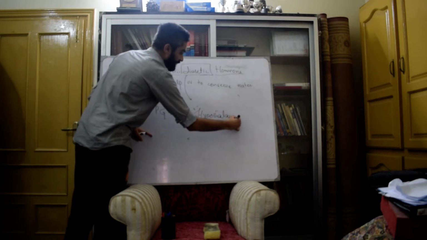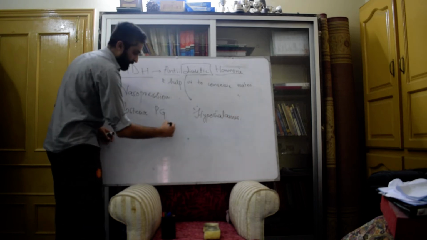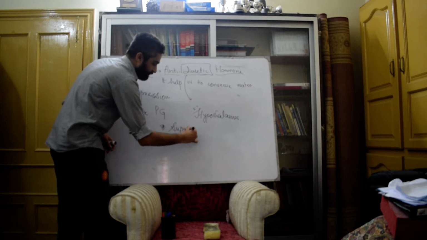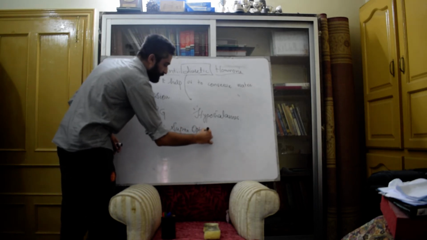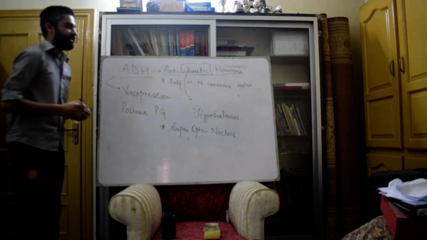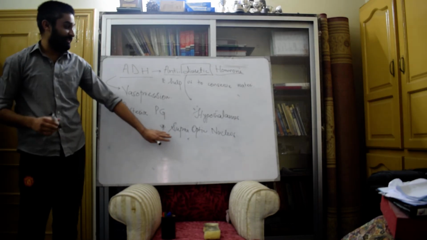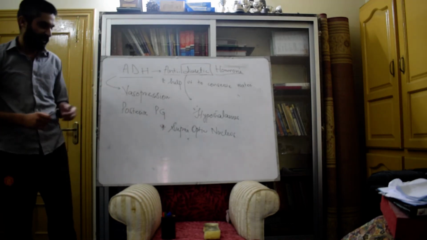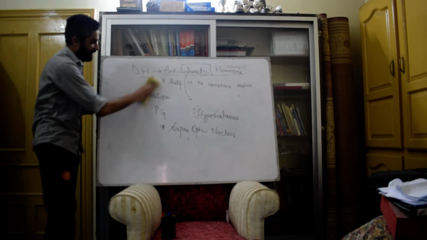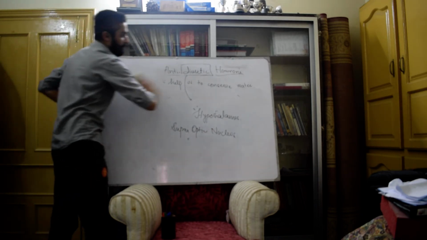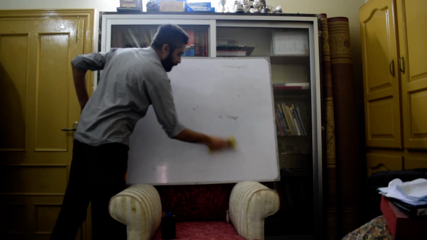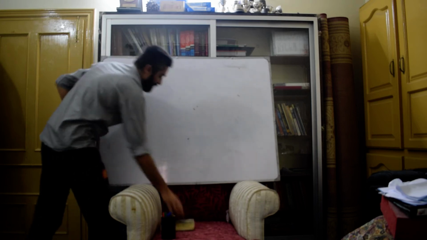The hypothalamus has a nucleus called the supraoptic nucleus. This nucleus helps us to synthesize ADH, and this ADH comes down the nerve terminals to the posterior pituitary gland, where it is secreted into the bloodstream and reaches different parts of the body where it performs its action.